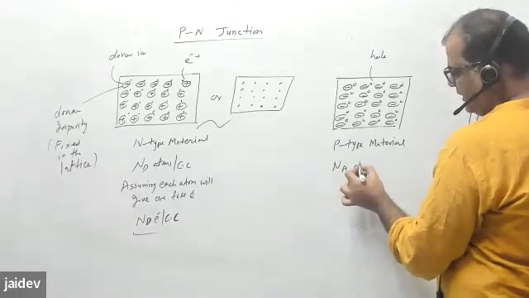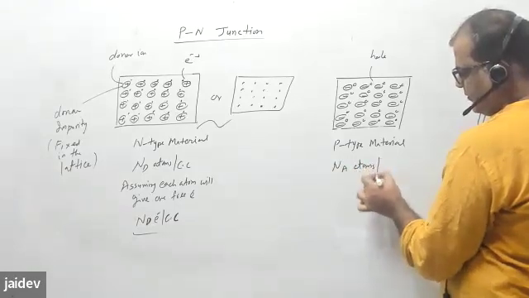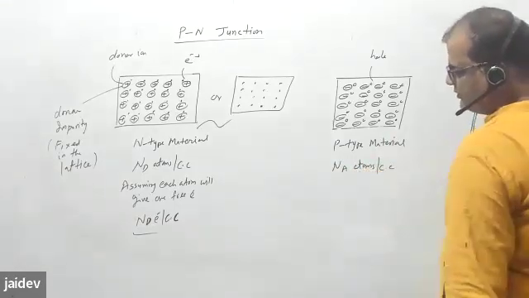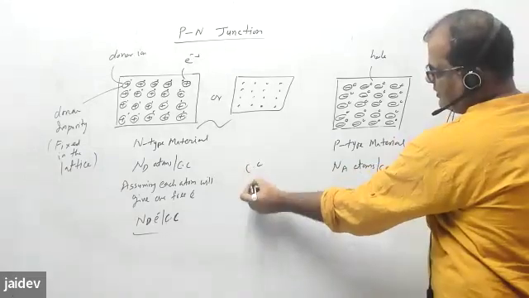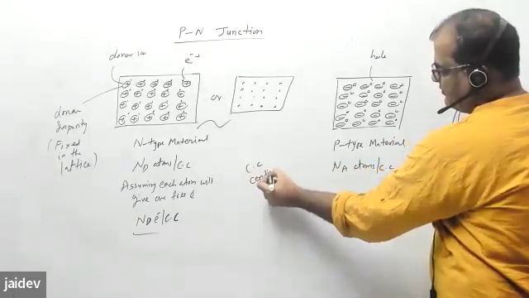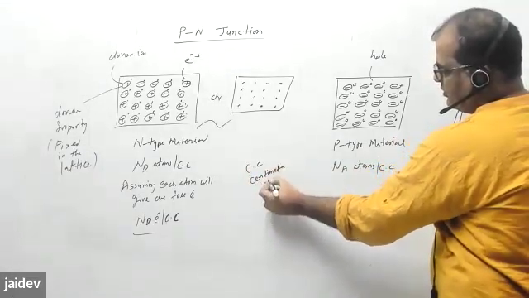Na atoms per cc, per cubic centimeter. Cc means centimeter cube.